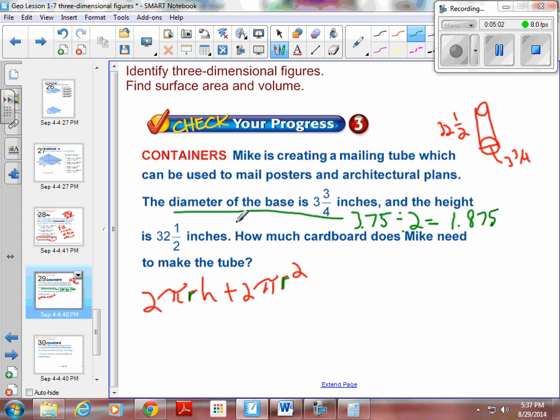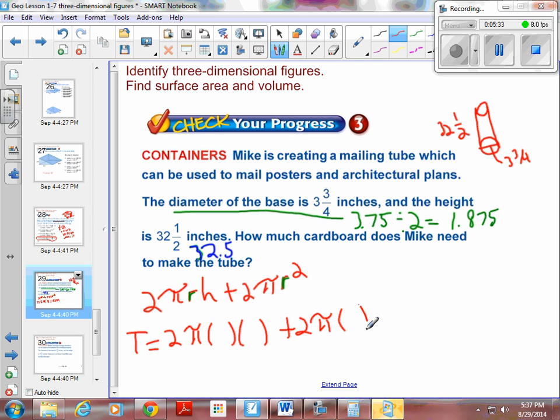And then the height is 32.5 inches. And again, if you don't like fractions, that would be 32.5. Now it goes into your calculator easy. So we have our surface area, and we were using T for surface area, is going to be equal to 2 times pi times r times h plus 2 times pi times r squared.